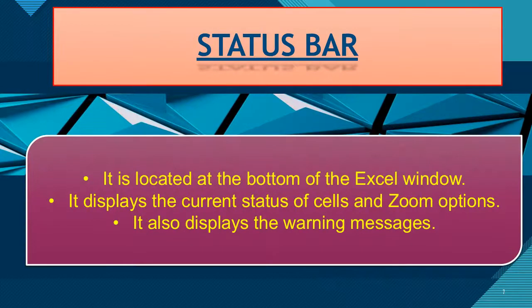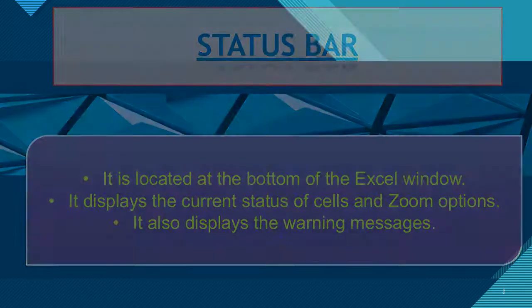The another component of Excel window is status bar. Status bar is located at the bottom of the Excel window, which displays the current status of the cells and the various zoom options. It also displays the warning messages that appear on the Excel screen. Now coming upon to the another component, that is Sheet tab.